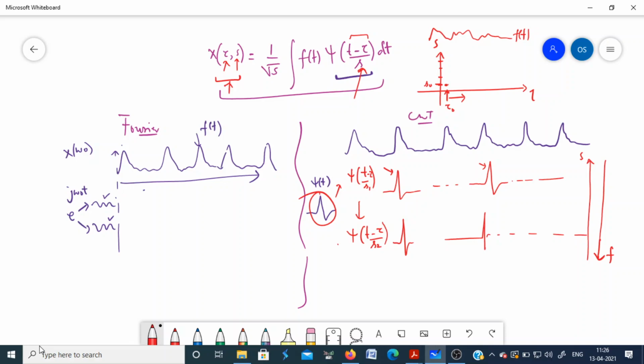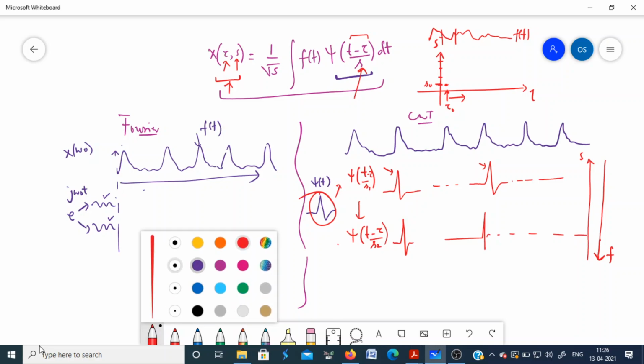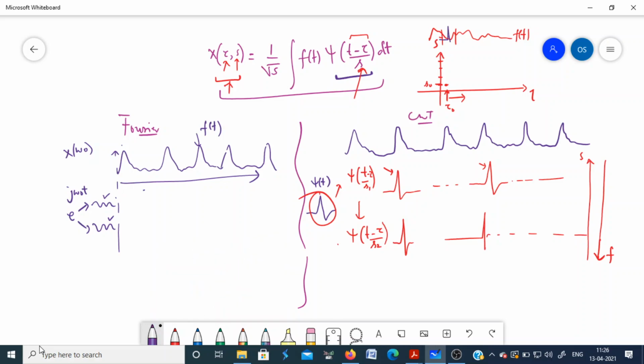At this time we are finding the correlation between the wavelet and this function, multiplying the wavelet with the function for this time interval. Since the wavelet is of finite duration, automatically there is an effect of a window. Within this window, the function is multiplied with the wavelet and you integrate it, getting some value which is called the continuous wavelet transform.